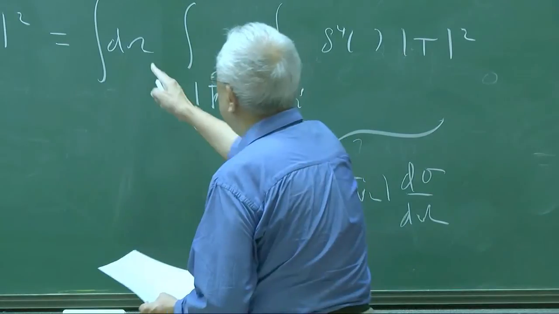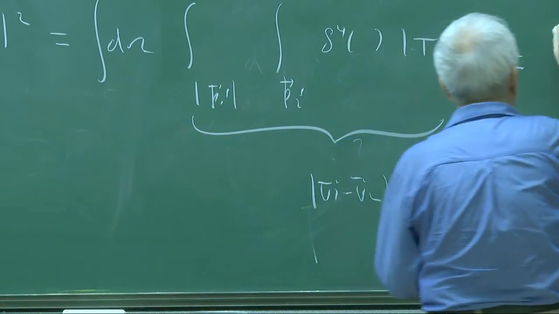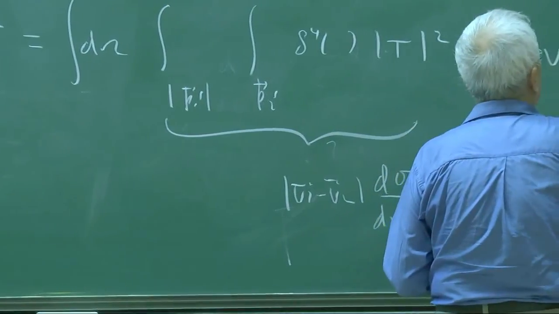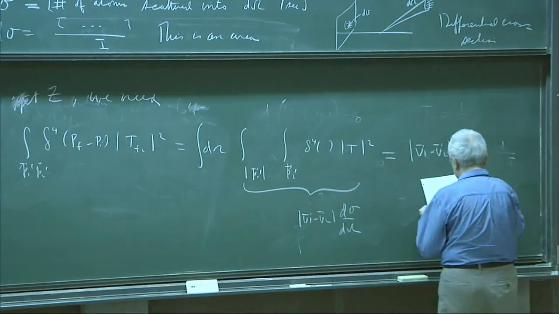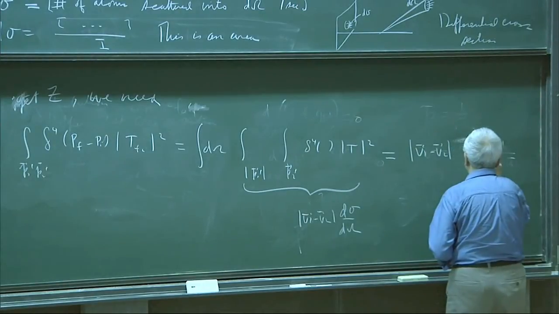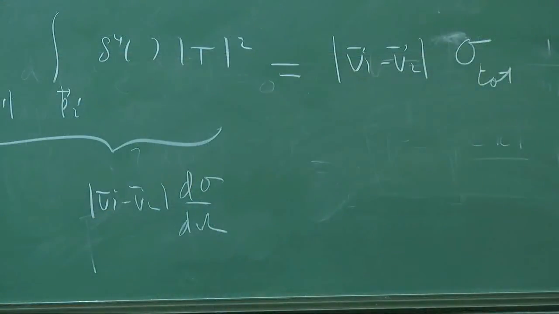And since I have a dΩ here, this is just equal to v1 minus v2, the initial flux, times the total cross-section. So this thing very nicely collapses to something very simple: the total cross-section of the scattering, and you can either compute that or you can take it from the experiments.